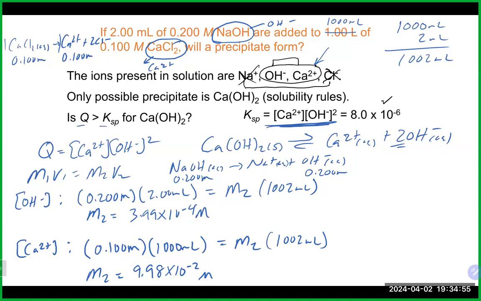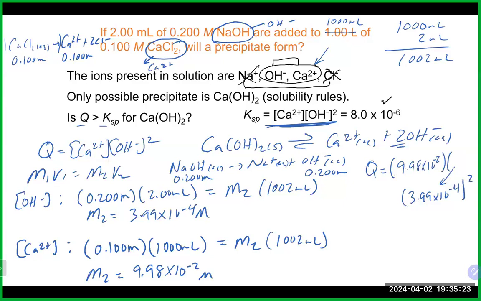Now that we have our concentrations when we put them together and mix them, we could go into our Q expression. Our Q expression would be our calcium, which was 9.98 times 10 to the minus 2, times our hydroxide, 3.99 times 10 to the minus 4.